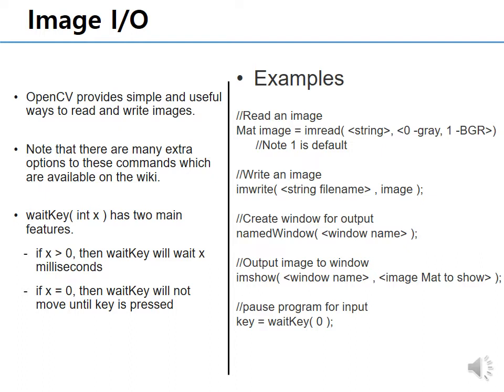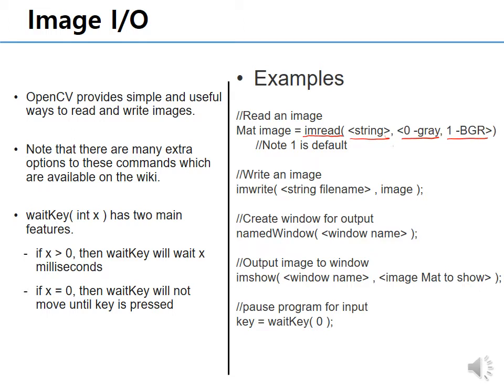In reading an image, we already met the imread command. This is a string, the name of the image file. And the next parameter is 0 for grayscale image and 1 for BGR color image.